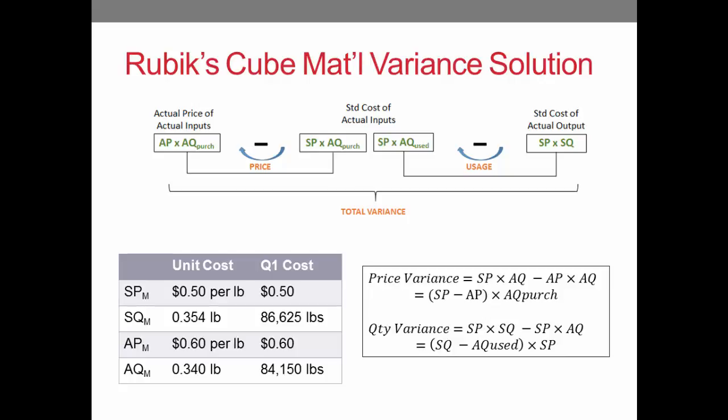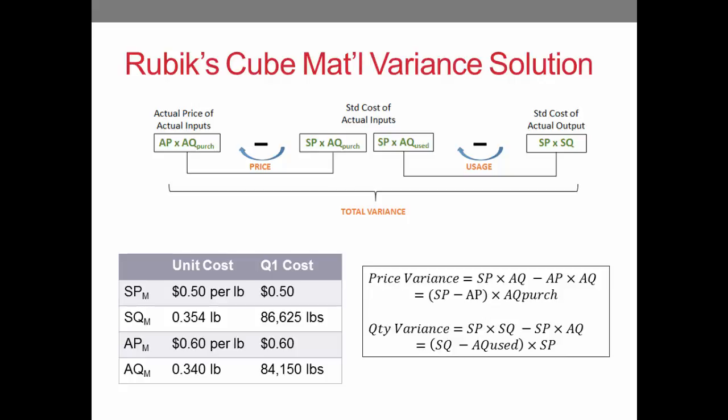So for price variance, what we want to understand, keeping the quantity constant, is the difference between the standard, what we budgeted, and the actual, what we truly saw. So we do standard minus actual times that constant quantity.